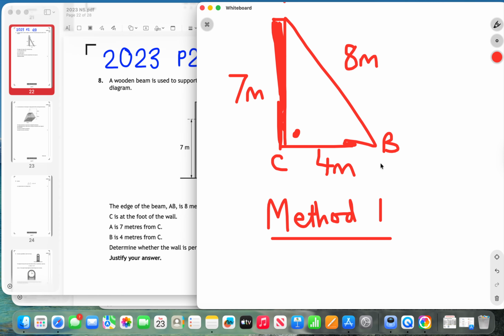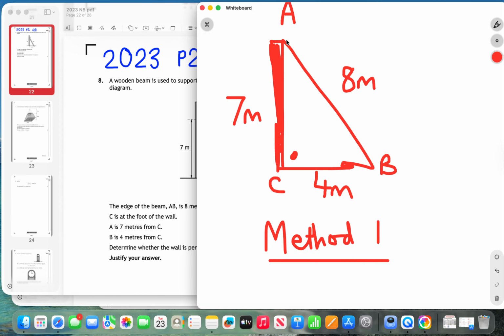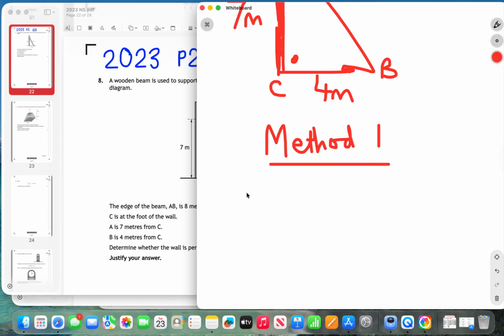The idea of the converse of Pythagoras is the longest side squared should be equal to the sum of the squares of the other sides. So AB squared equals 8 squared is 64. Then we write AC squared plus BC squared.